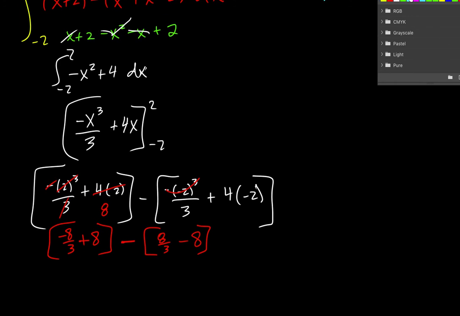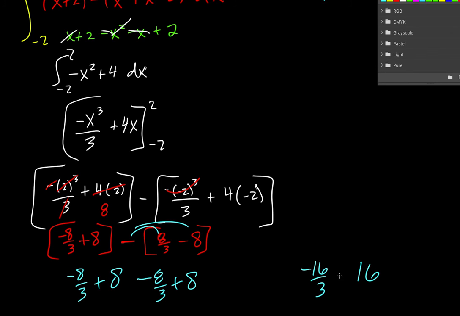Okay, distribute the negative. Negative 8 thirds plus 8. Then I have negative 8 thirds over here plus 8. All right, so the 8's combine to make a 16. The negative 8 thirds combine to make negative 16 thirds.